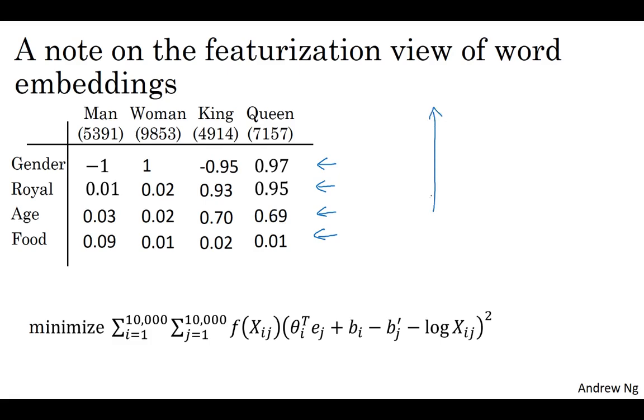Well, let's say that there is some space where the first axis is gender and the second axis is royal. What you can't do is guarantee that the first axis of the embedding vector is aligned with these axes of meaning of gender, royal, age, and food.